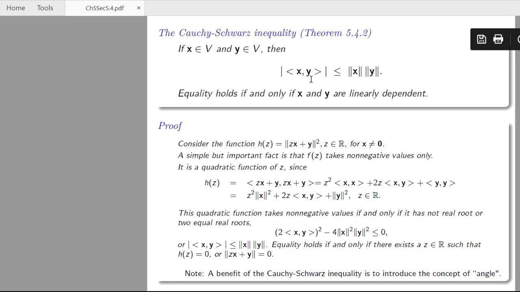So in that way, we can say the value is between -1 and 1. We can consider its arc cosine. In that way, it gives us a chance to introduce the concept of angle in an inner product space.